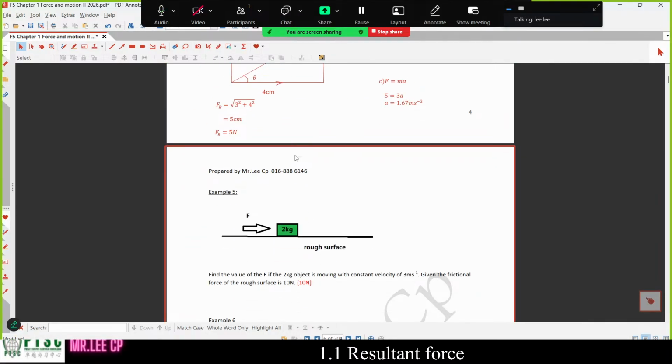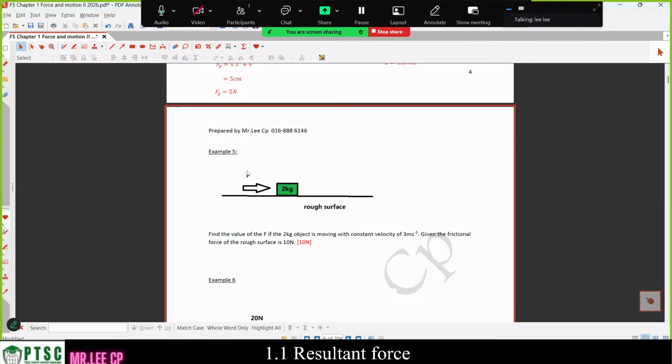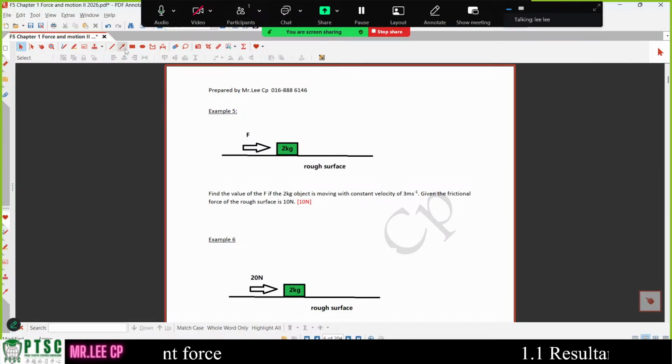Alright, so we go quickly to example number 5 to see what happens if you apply a force to the object on a rough surface. Rough surface means there is friction. Now the friction is always against the movement of the object.